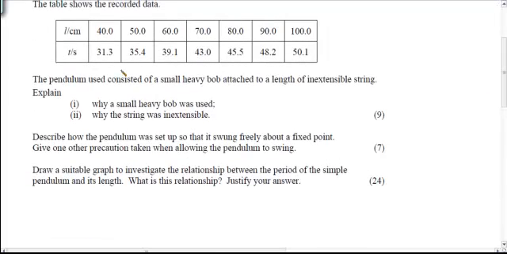The pendulum used consisted of a small heavy bob attached to an inextensible string. Why was a small heavy bob used? So it would act like a point weight. Easy to find the center of mass.